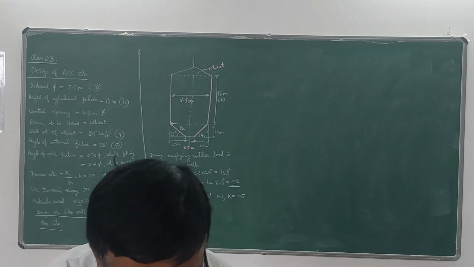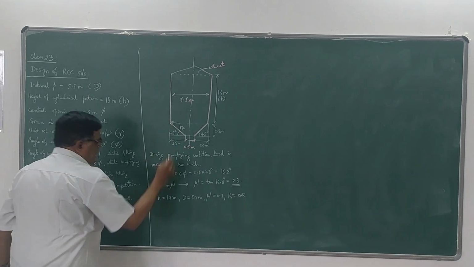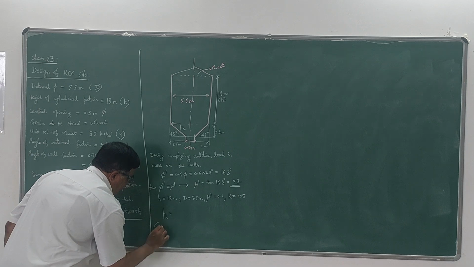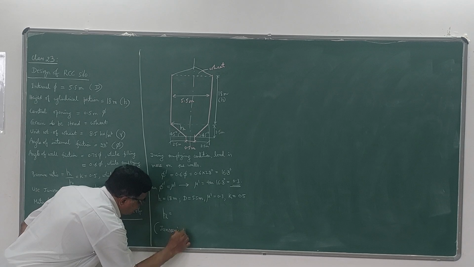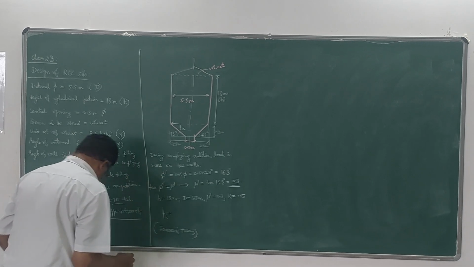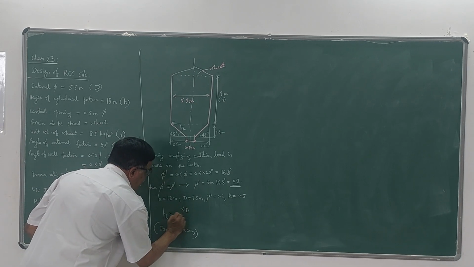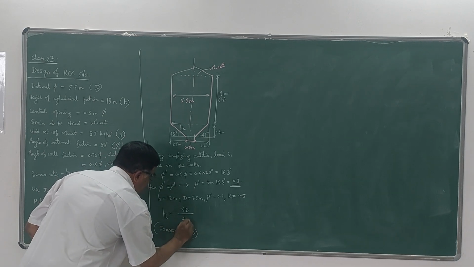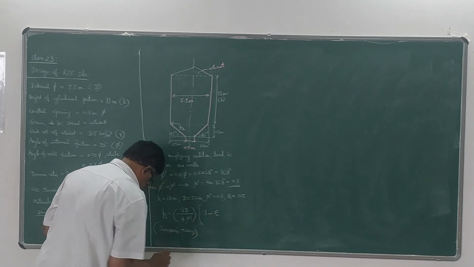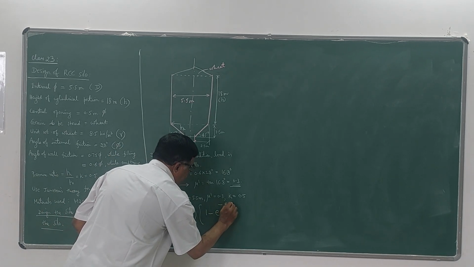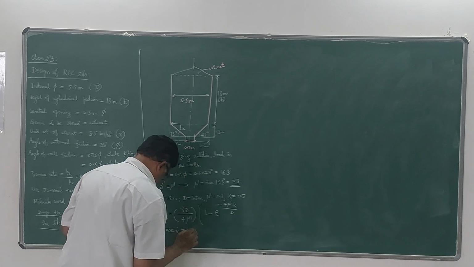You have to remember this equation. pH, horizontal pressure at this level, by Johnson's theory, is equal to gamma D divided by 4 mu dash, into 1 minus e to the power of minus 4 mu dash K by D into H.